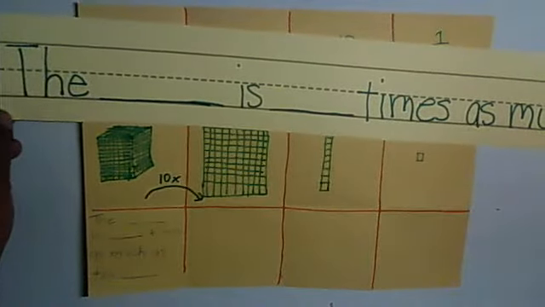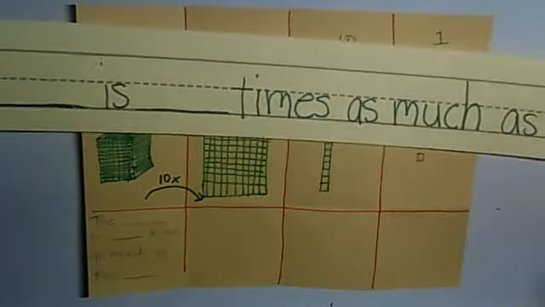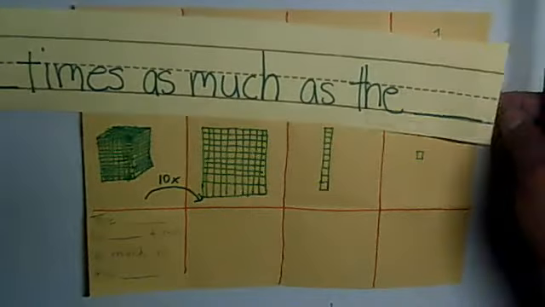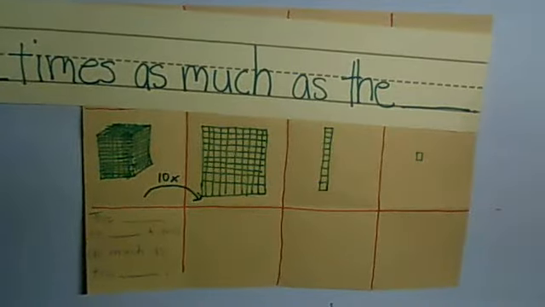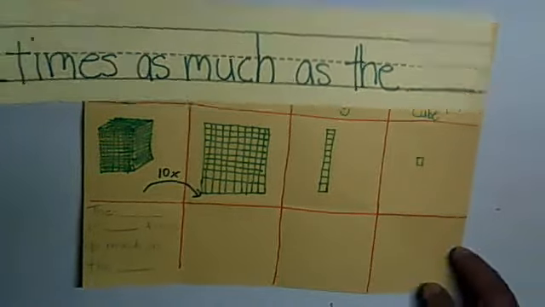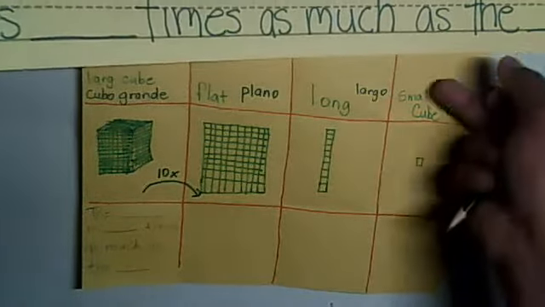The blank is blank times as much as the blank. Okay? I don't think I can fit it in my screen, but the blank is 10 times as much as. So we are going to fill in that blank.